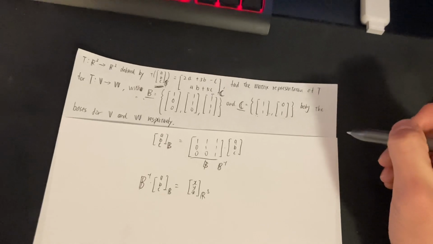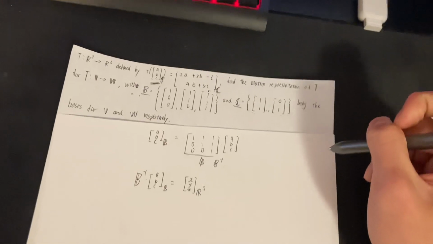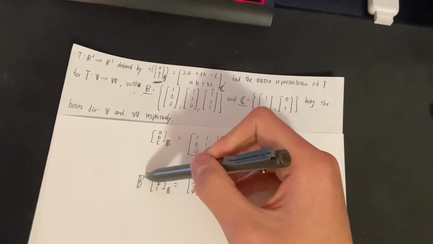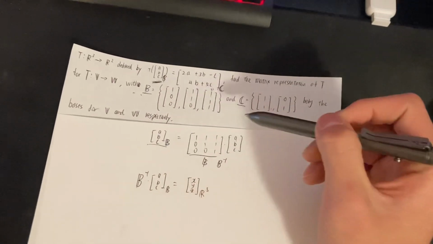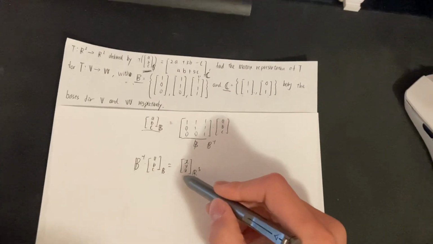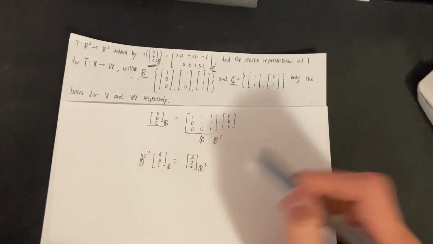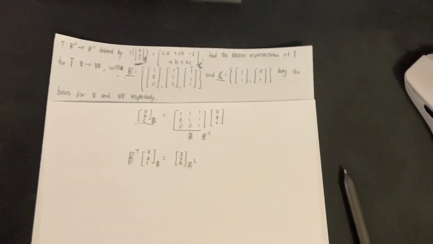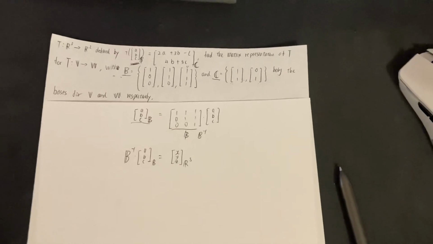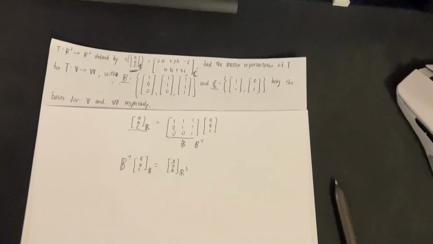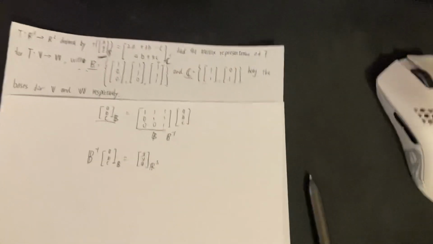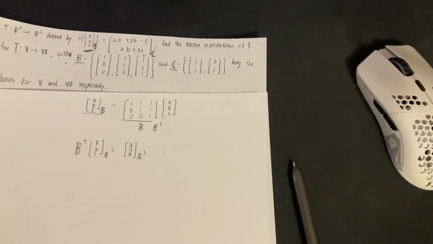So when you times it by the inverse of its own basis, you get back to the vector that is a linear combination of the elementary vectors. This is good because you can find the linear transformation.